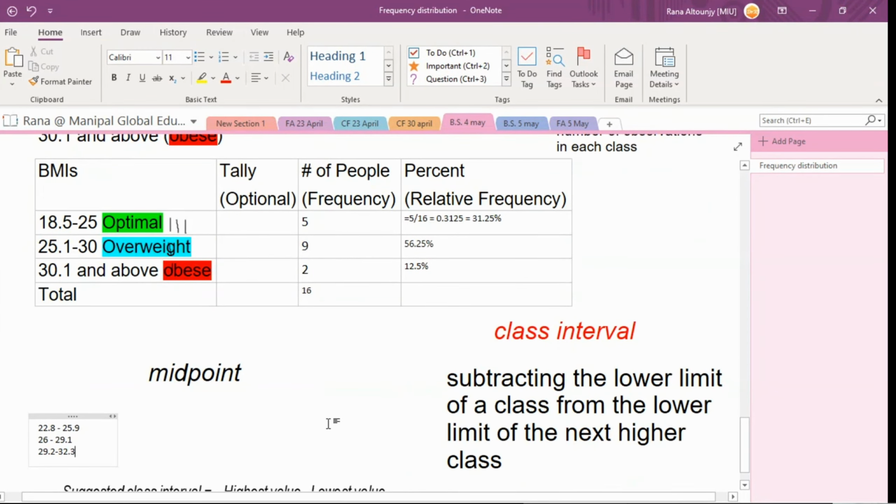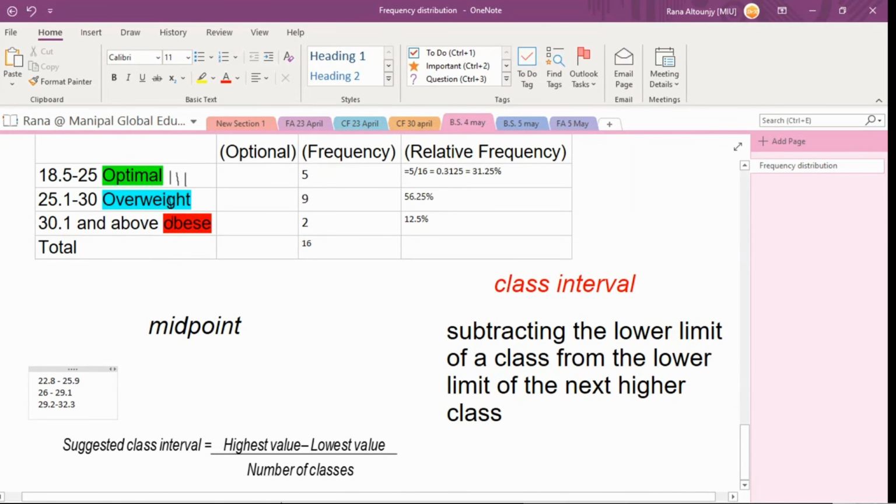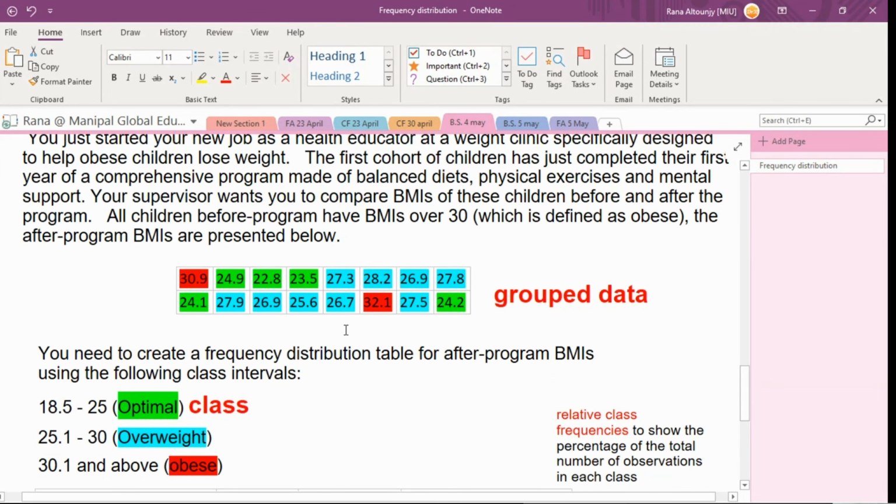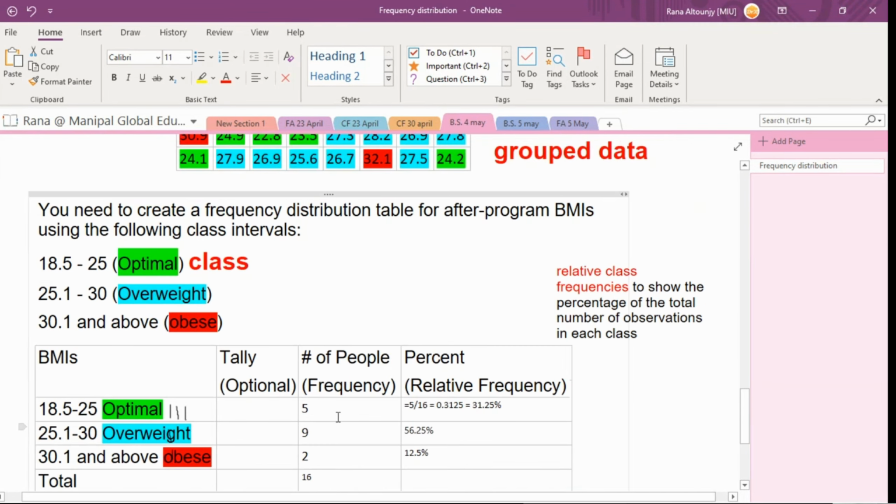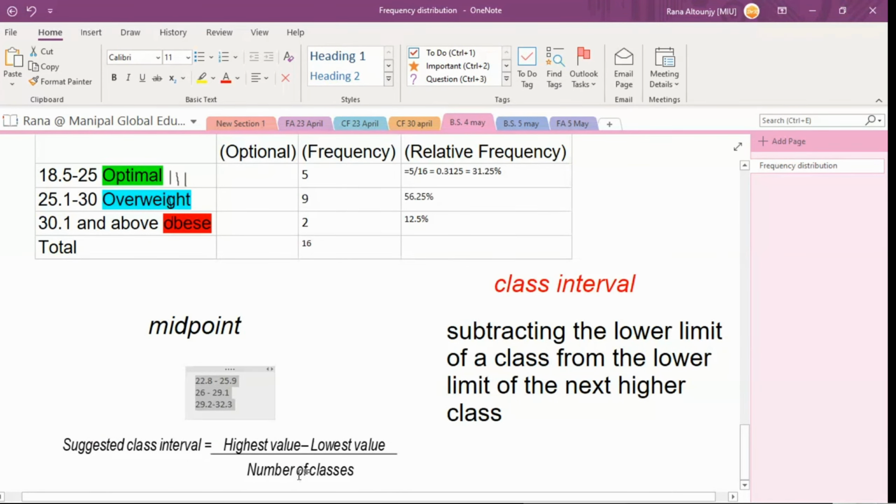So in case you don't have a class interval, or classes based on previous studies or details, you can use this equation to calculate the suggested class interval. We took the highest value from our data, deducted the lowest value, then divided by the number of classes. Here we decided to create 3 classes, so we reach these as our classes.